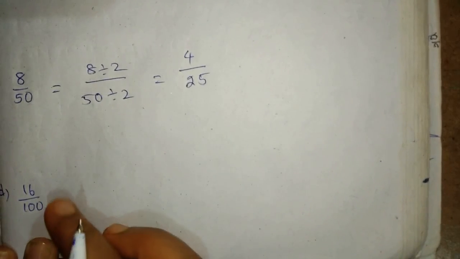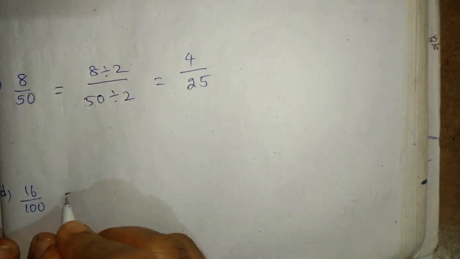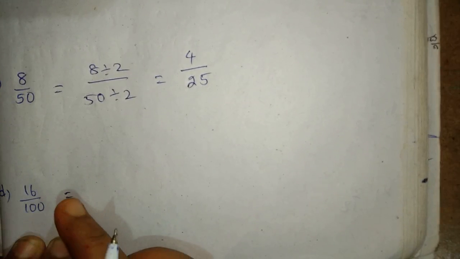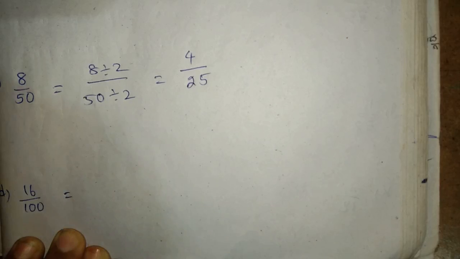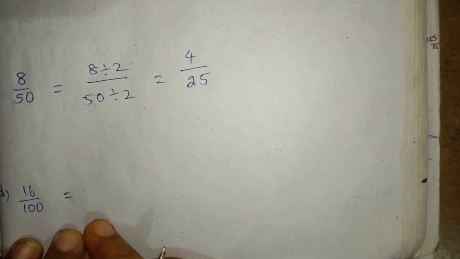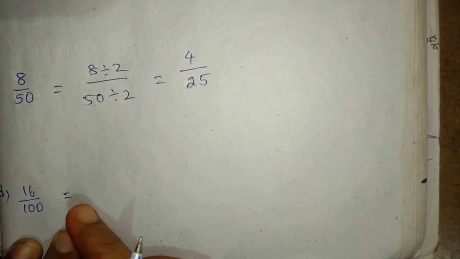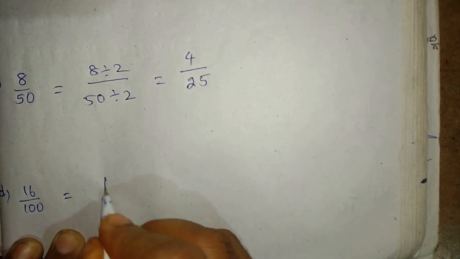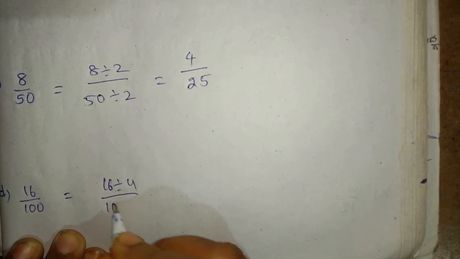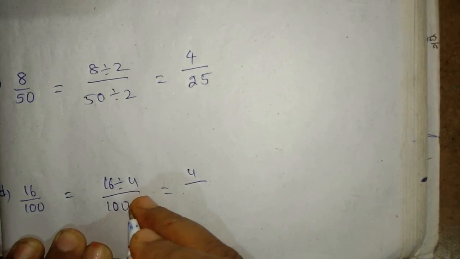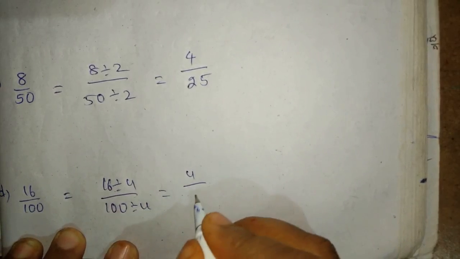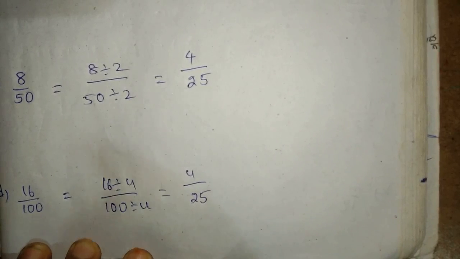Next, 16 by 100. If you write 16 by 100 in the simplest form, both numerator and denominator are divided by 4. 16 by 4, 100 by 4. 16 by 4 is equal to 4, 100 by 4 is equal to 25.